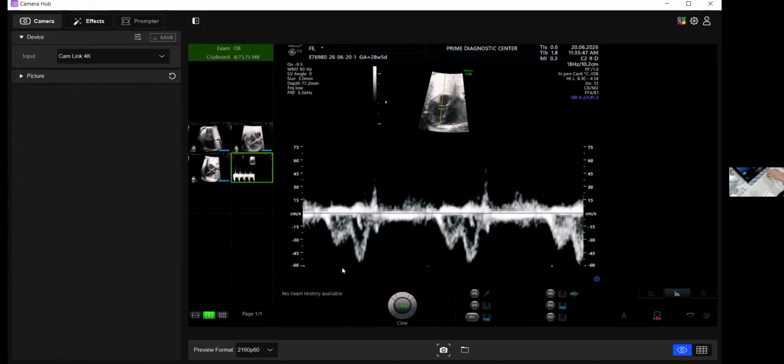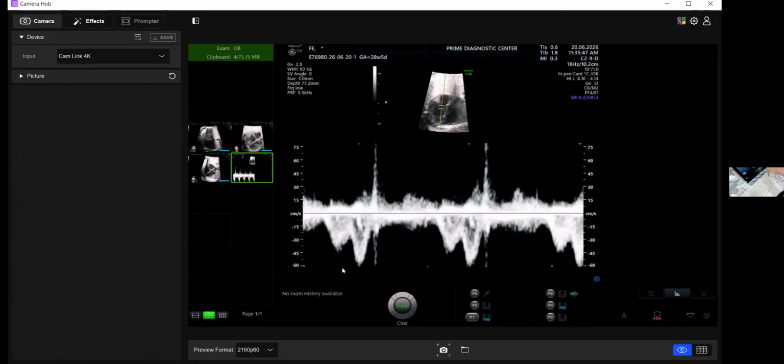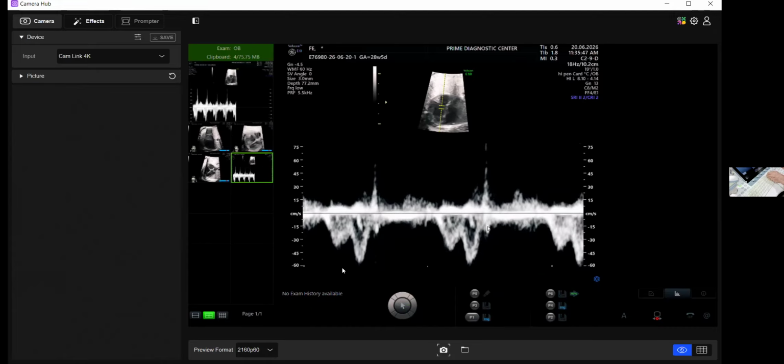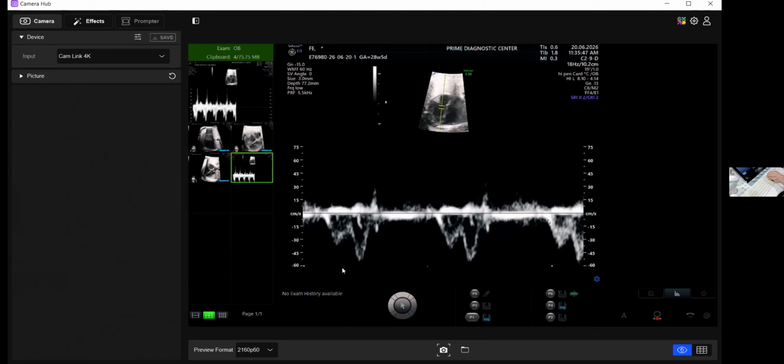Okay, and that is the closure of the mitral valve and tricuspid valve, and that is the beginning of this, and that's the closure click, and then the opening click. So we see the opening click, and I'm reducing the gain drastically.